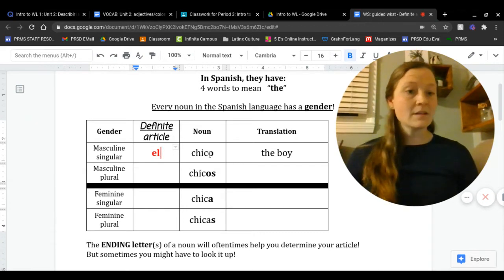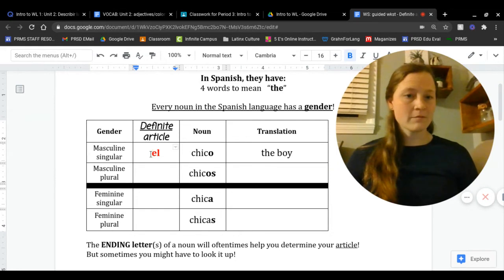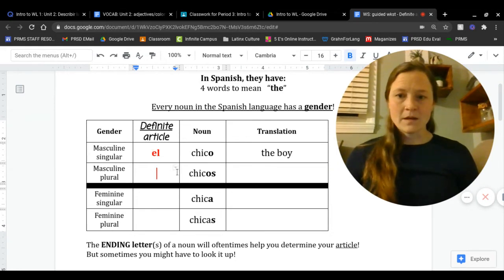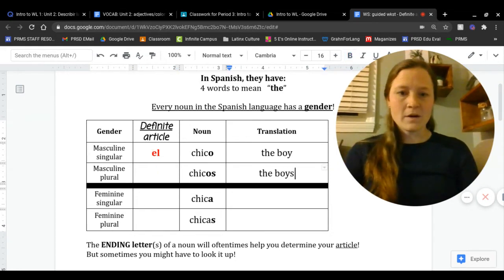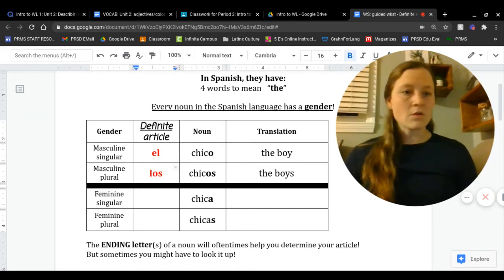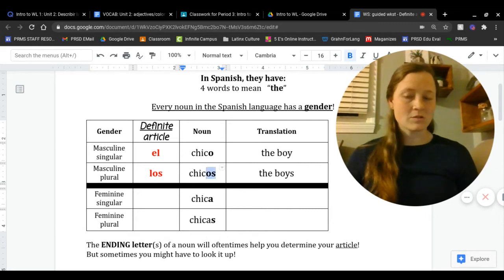Typically, nouns that end in an O are masculine, and they take the word el for "the." If I want to say the boys and make it plural, this becomes los chicos. You'll notice that the OS in los matches the ending of OS in chicos, which is kind of nice. So that's a nice pattern.